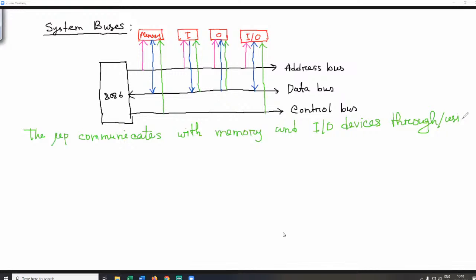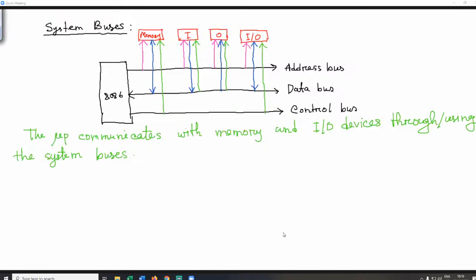Both are the same thing actually. Using the system buses. Okay, so it communicates with input output devices and memory devices through system buses.